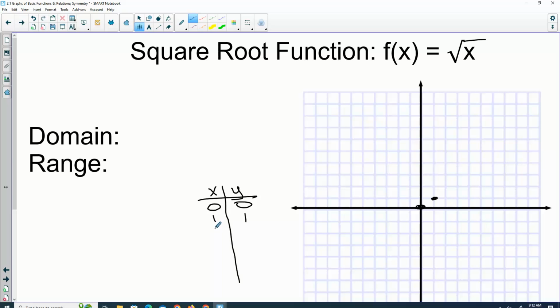No, they're not nice numbers. What about 4? Square root of 4 would be 2. What's another nice number? Square root of 9 would be 3. Can I do negatives? No, that would give me imaginaries, and we're not graphing those. So this one starts at 0.